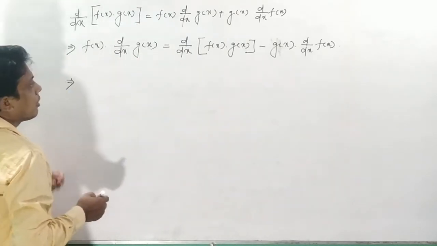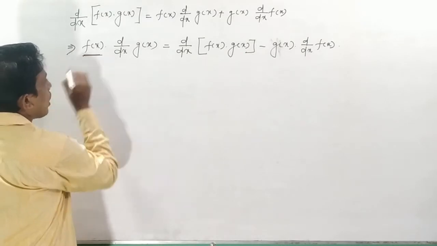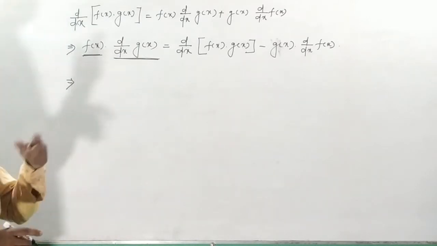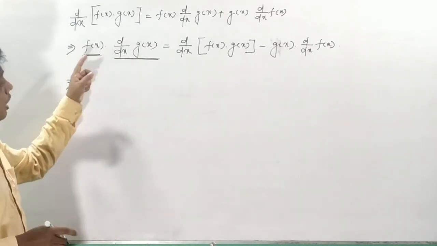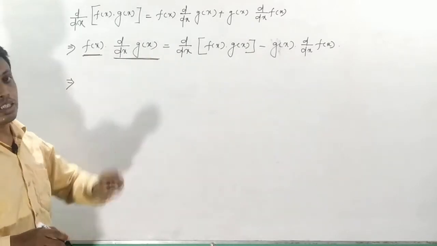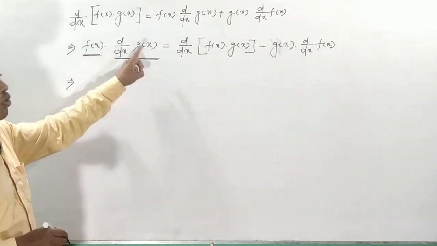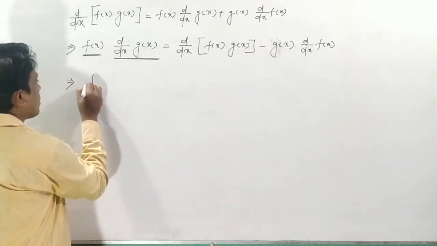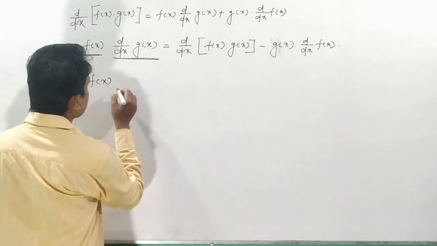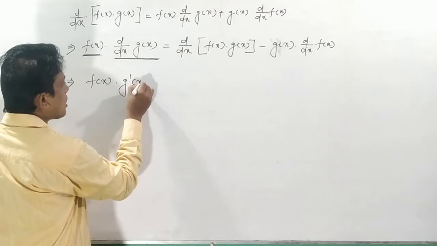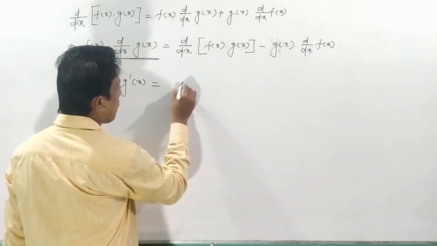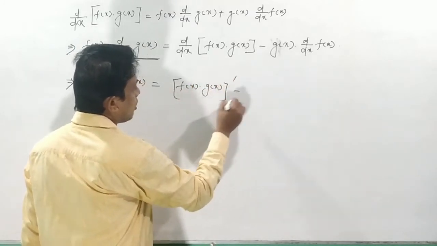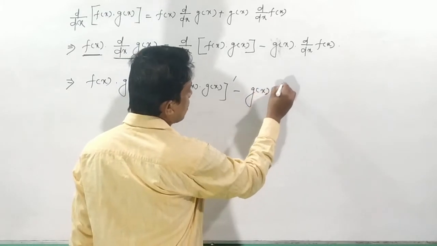If we take this as u, a function of x, and this is also another function of x, we have to integrate f(x) into the derivative of g(x). The derivative of g(x) is also written as g dash x. So we can write f(x) into g dash x is equal to f(x) into g(x) whole dash minus g(x) into f dash x.